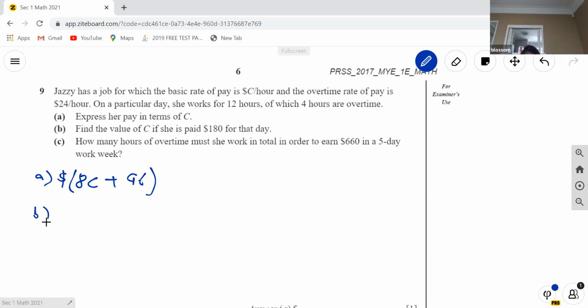Okay, next part B. Find the value of C if she is paid $180 for that day. What we do is we equate this: 8C plus 96 equals 180.